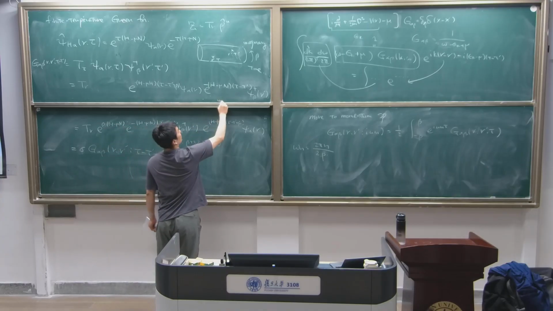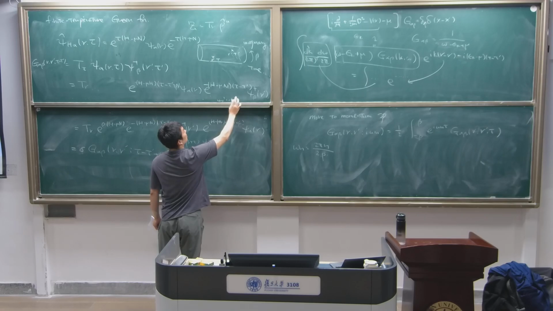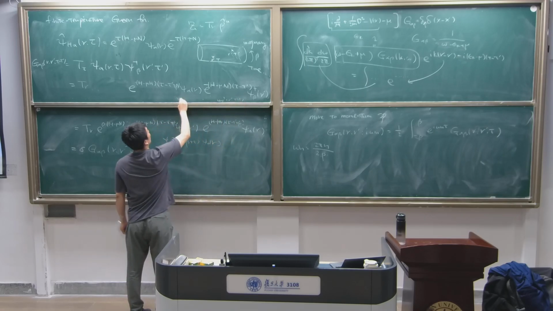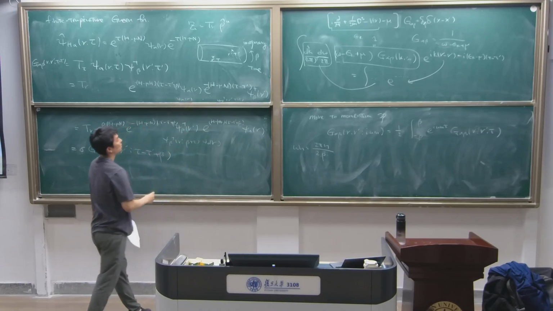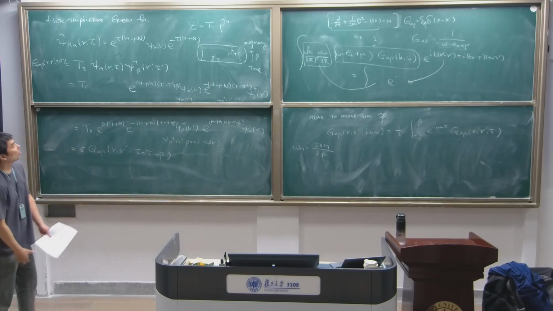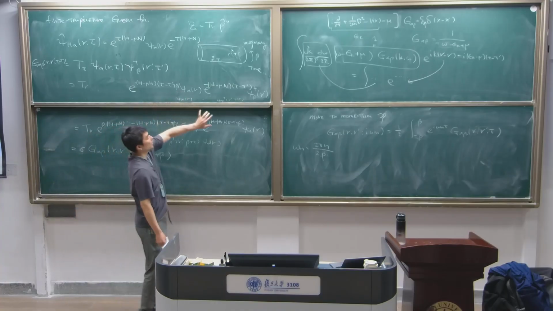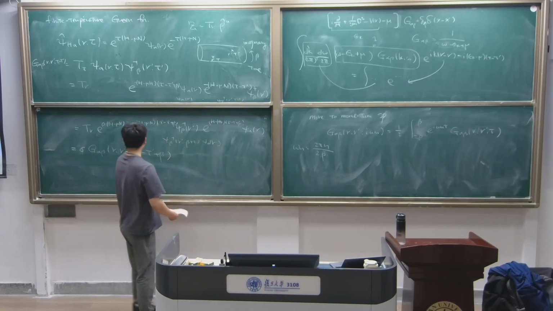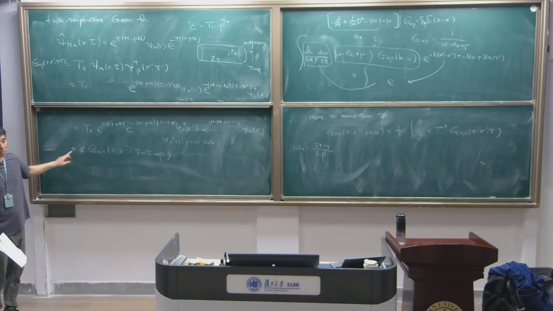So this is essentially sign, beta dagger R prime, and this is sign, alpha R. The original one is like this, and then you need to swap the order.